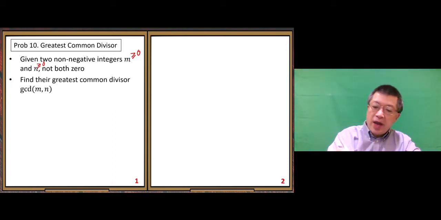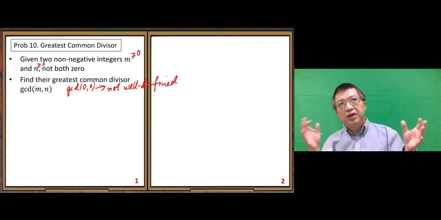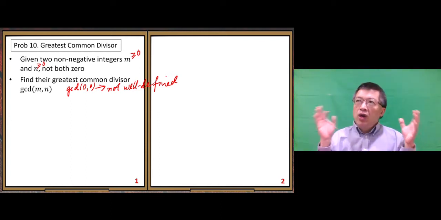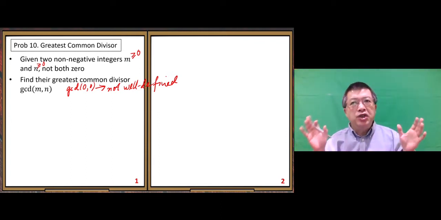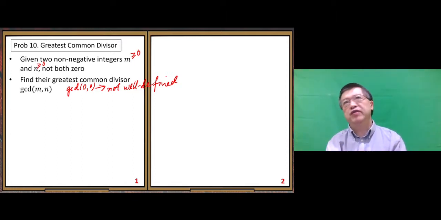The reason they cannot both be 0 is that if you look at GCD of 0, 0, it is not well defined. How do you define it? Based on the meaning of greatest common divisor, what should GCD of 0, 0 be? You cannot find any number that satisfies that. Don't write 0, because first, it cannot be 0.